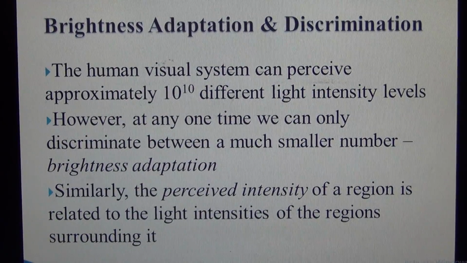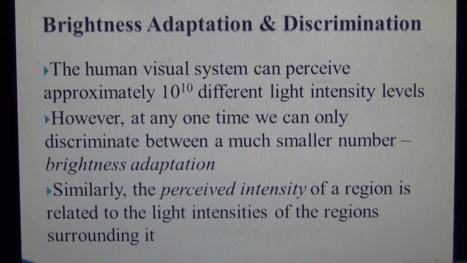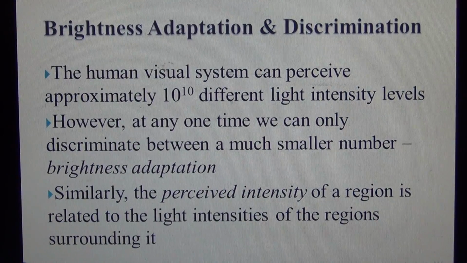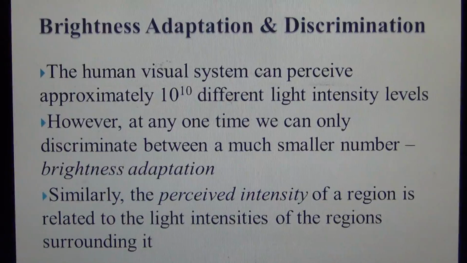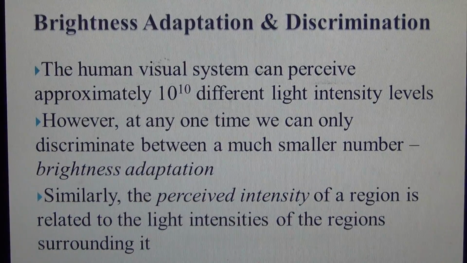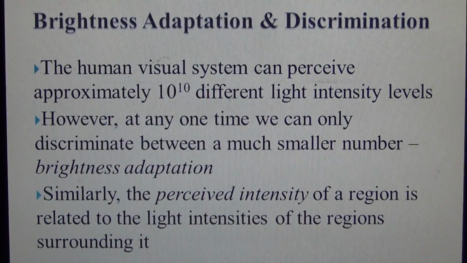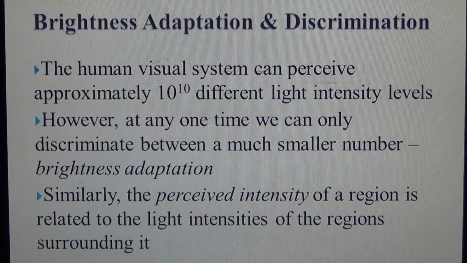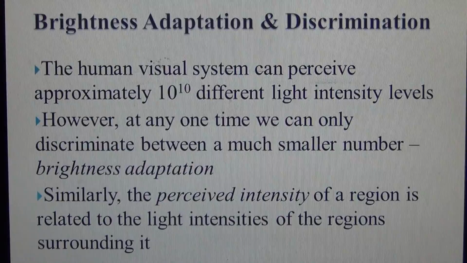This is known as brightness adaptation. That is, we can only discriminate between a much smaller range of numbers. The human eye cannot distinguish between a higher intensity and a lower intensity at the same time. Similarly, the perceived intensity of a region is related to the light intensities of the region surrounding it. This is known as perceived intensity.